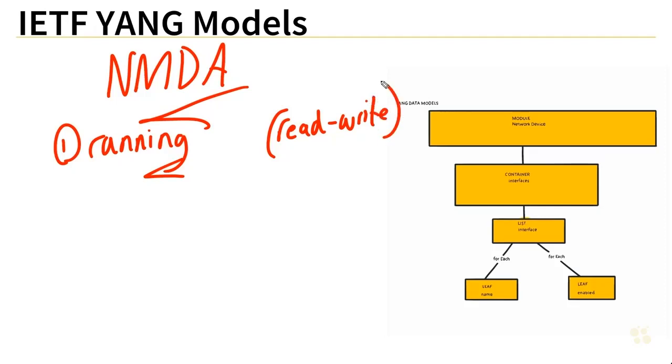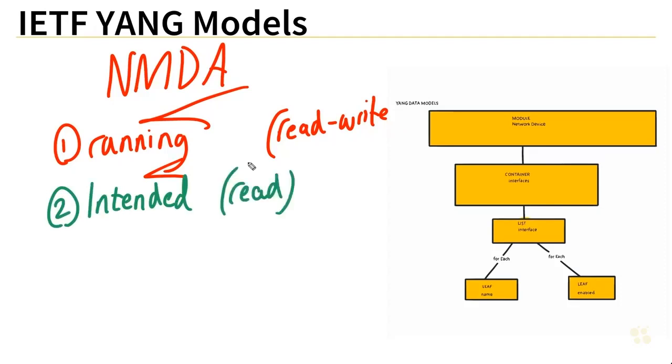Now here's the thing, with the intended data store, this data store is a read-only configuration, cannot be written to, so changes to the device will still be made to the running data store. Now whether that's if you write to it directly, or if you target the candidate data store and load it into running afterwards. Either way, the intended data store is only going to be a read-only representation of the running data store.